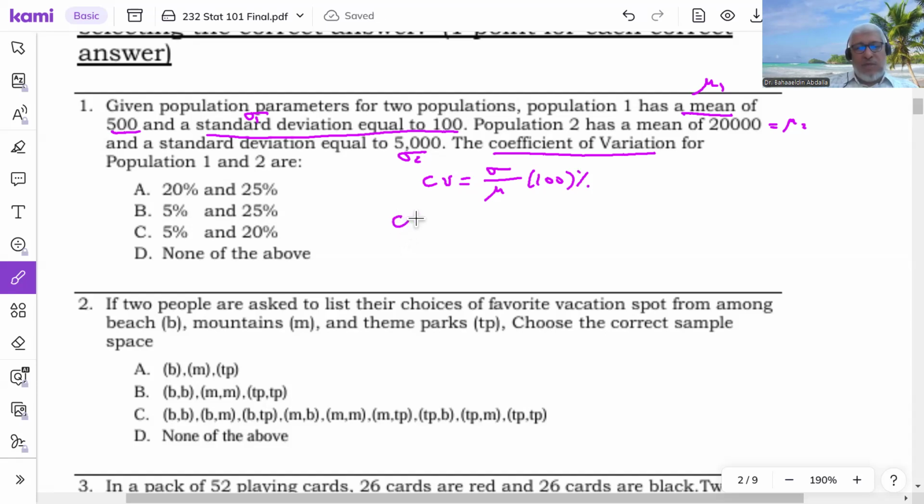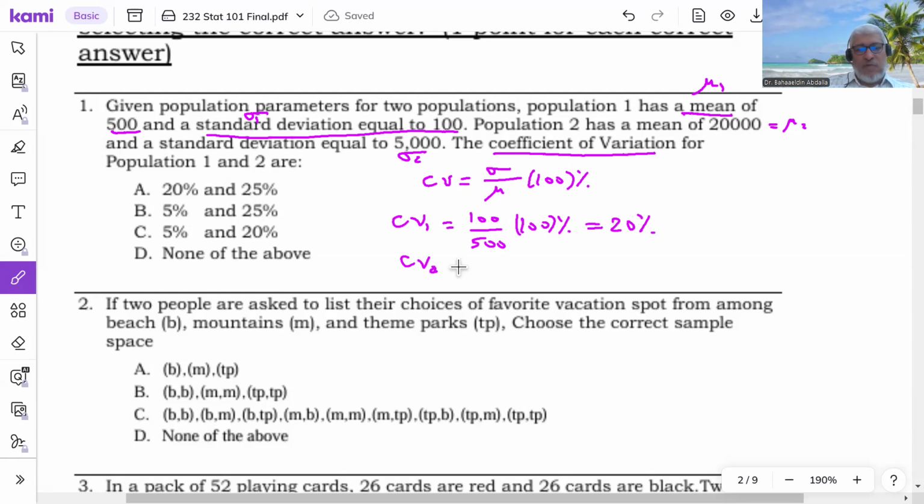So coefficient of variation 1 would be 100 over 500 times 100%. And if you put this in the calculator, you will find it is 20%.